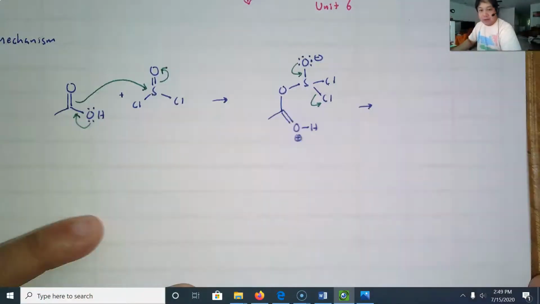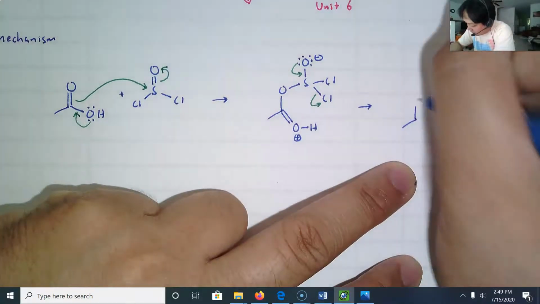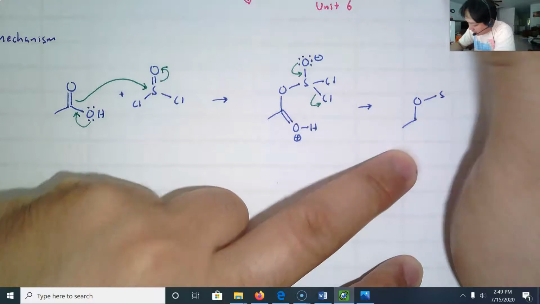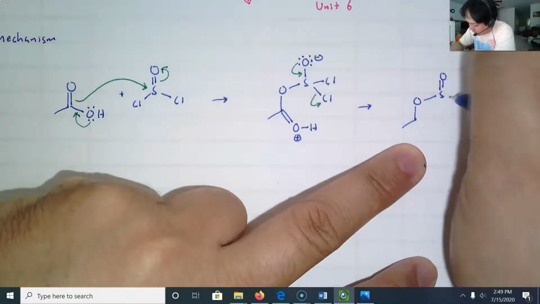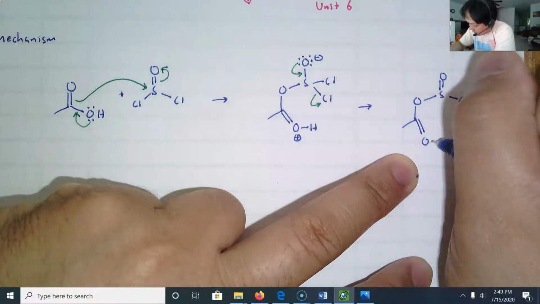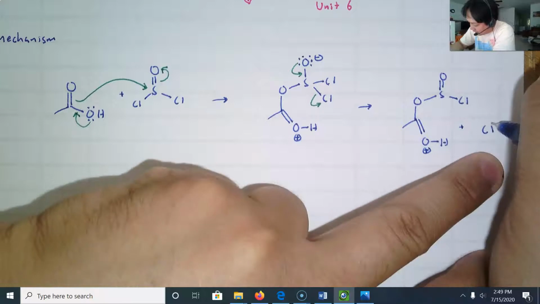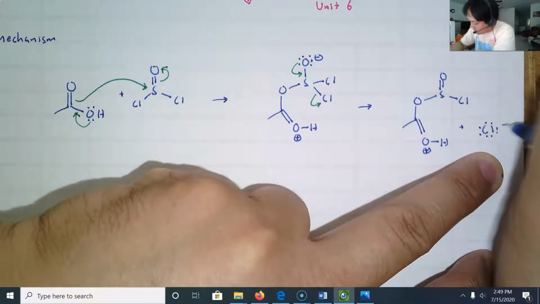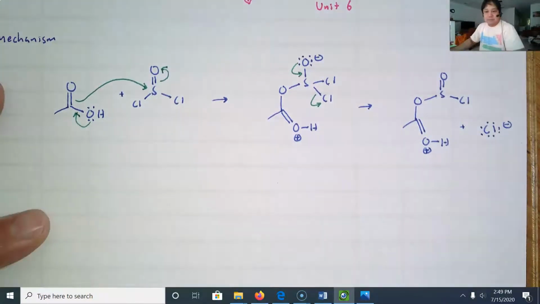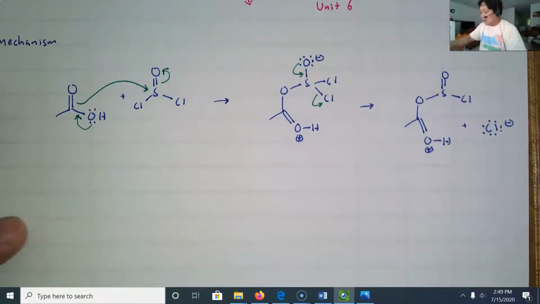What do we get here? We get this, plus a chloride ion. Just double checking that all the charges are good.